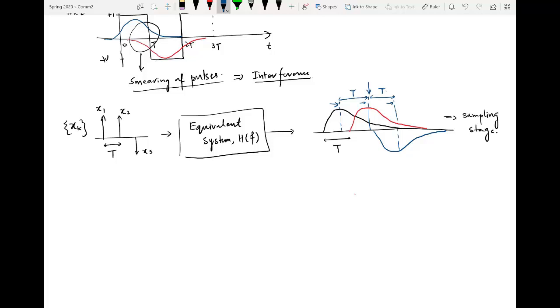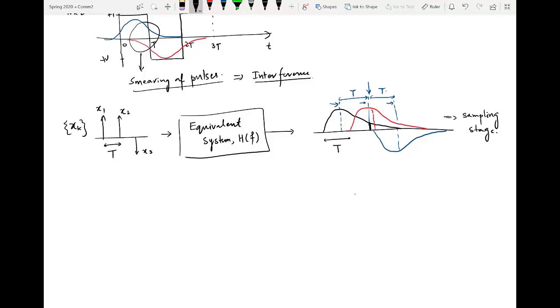Now come to the second point in time. If you sample at this point, you can see that this sample will contain a portion from the red one and also from the black one. This red one is the desired, but this black one is the undesired. These two are added up, and if you sample at this point, the previous pulse is smeared into the current red pulse, which causes interference.